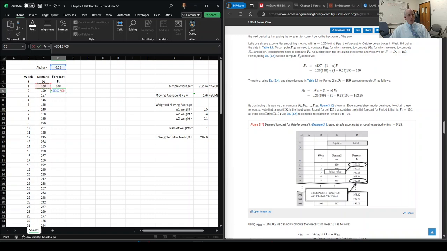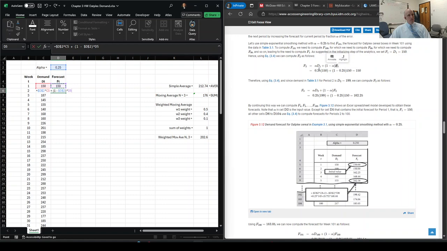See how that is D1, and that's that 150 demand, period 1, week 1, plus, and then I'm going to do 1 minus alpha. I'll anchor that again, close parentheses, times the forecast for period 1, which is the other 150. That's this equation right there.